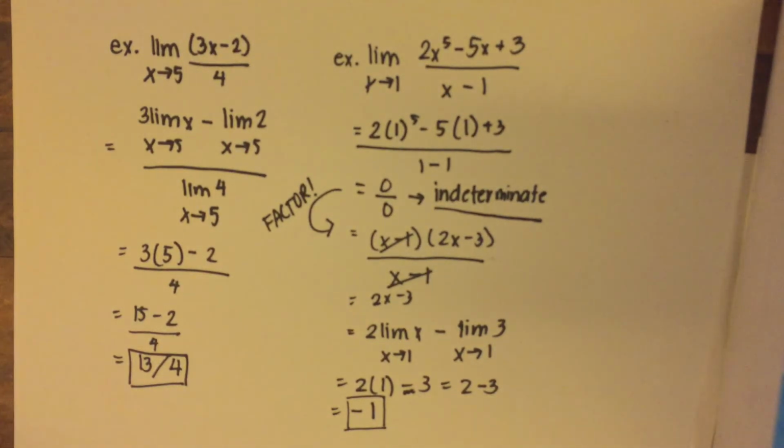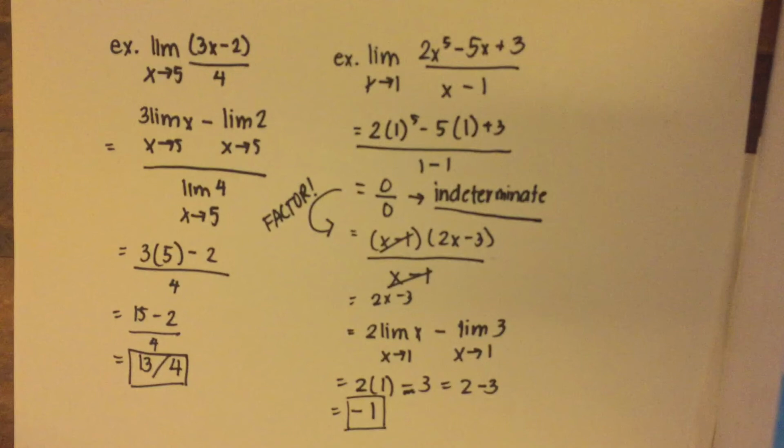So we have 3 times the limit of x as x approaches 5, minus the limit of 2 as x approaches 5, over the limit of 4 as x approaches 5. And we just substitute 5 into x, and we have 3 times 5 minus 2 over 4 equals 13 over 4.